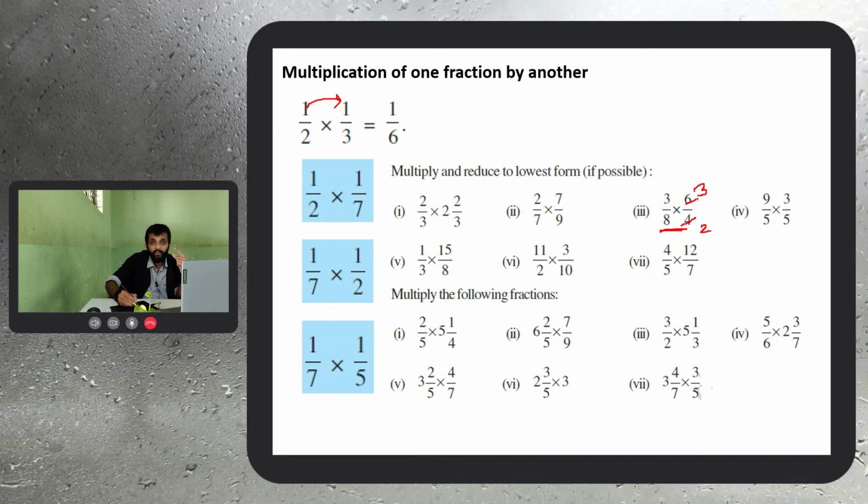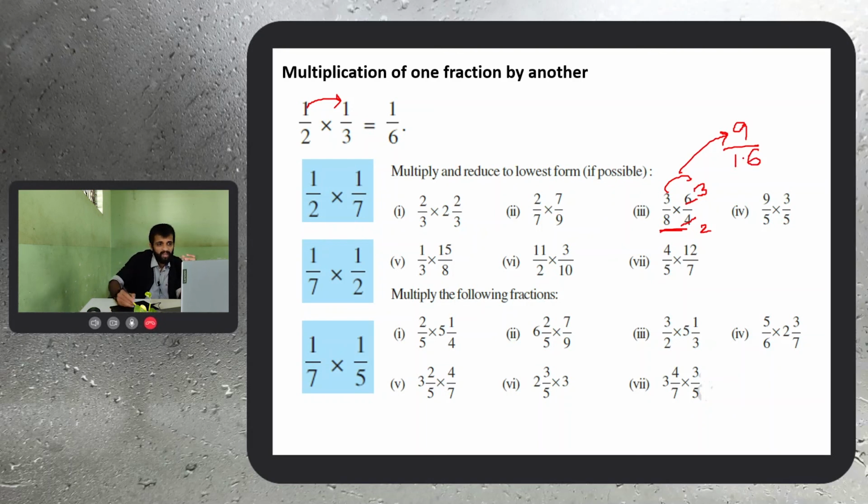So 6 upon 4, the equivalent fraction reduced is 3 upon 2. Can I still divide anything? I can't. Now I will multiply these two numbers. So 3 multiplied by 3 will give me 9 upon 8 multiplied by 2 will give me 16. So that is how you solve.